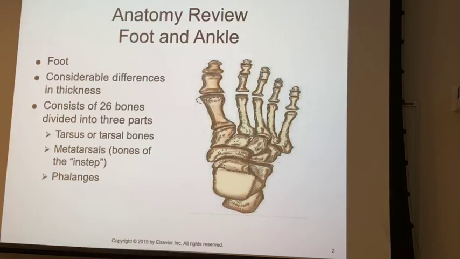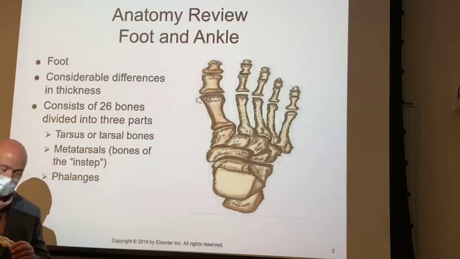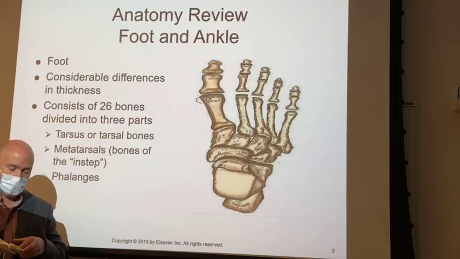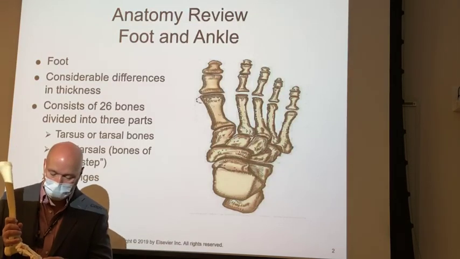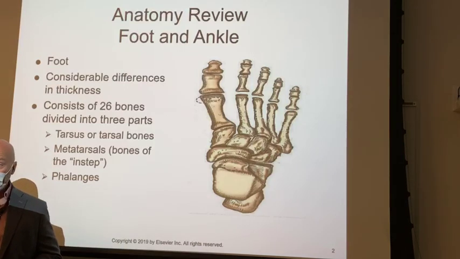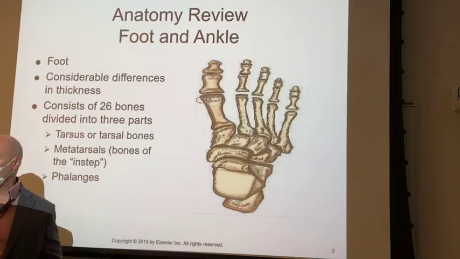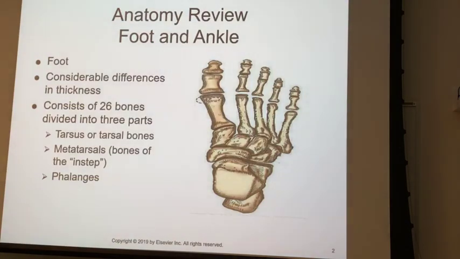The foot is a wedge-shaped structure, and what I'm about to say really doesn't correspond to a whole lot of clinical use now.